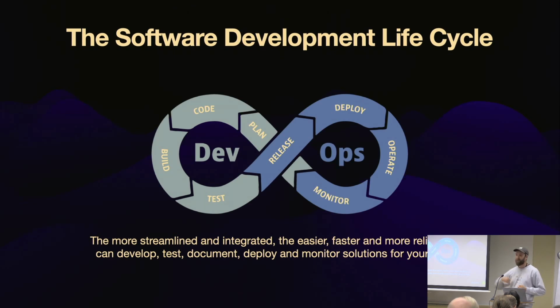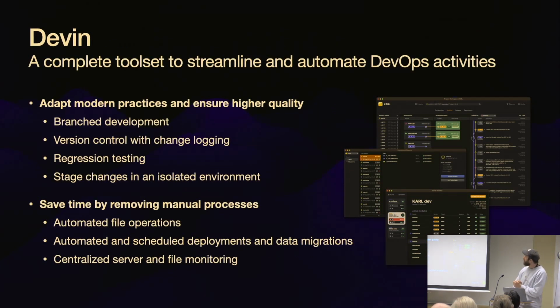Because then you can throw out new versions to your clients faster and more securely without worrying too much that your new build broke something. So this tool, Devin, it's essentially a complete tool set that will streamline this whole DevOps process, or at least the phases of DevOps that are the most important ones.